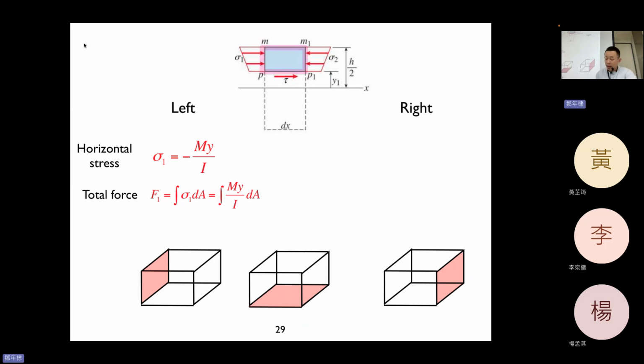It's okay, because all we care about is the force value. Once we do the force balance, this minus is actually going to the right direction, the positive direction. So this is actually positive. Okay, the reason why this is minus is because this is compression. But now the total force, once you go into total force, when you do the force balance, you use your sign convention in force balance.